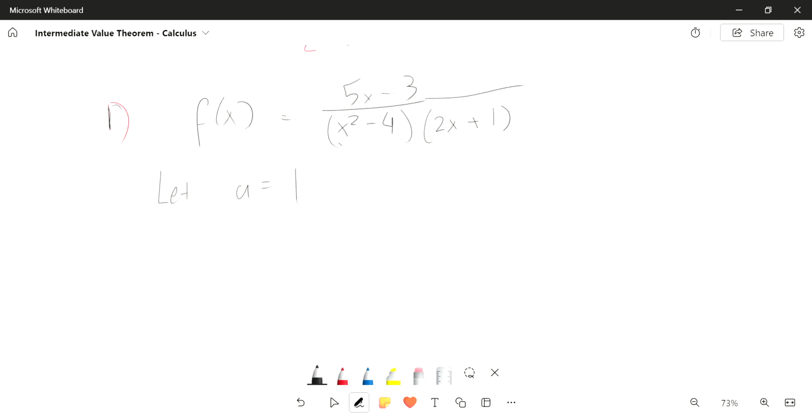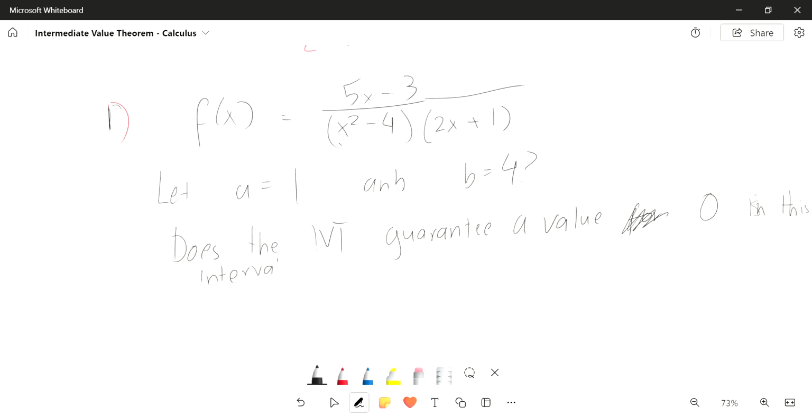Let a equal 1 and b equal 4. Does the IVT guarantee a value for f of c equals 0 in this interval?